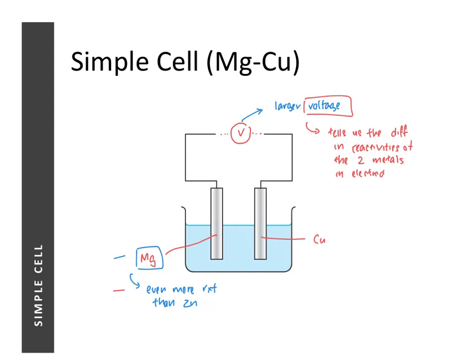If the difference in reactivity is large, you will end up with a larger voltage. And vice versa. If the difference in reactivities is small, then you will end up with a smaller voltage.